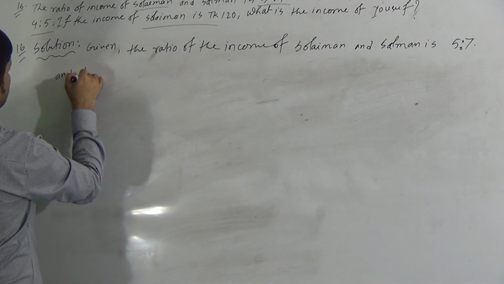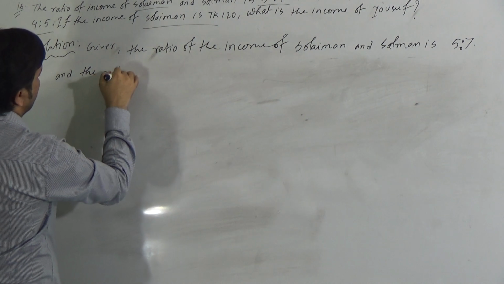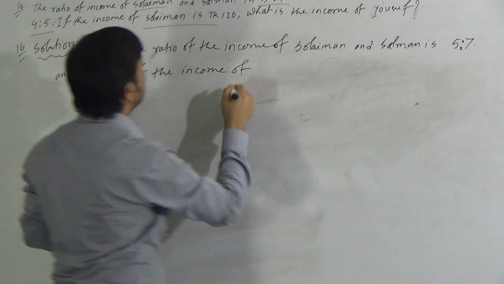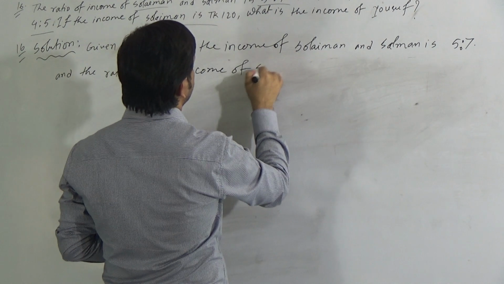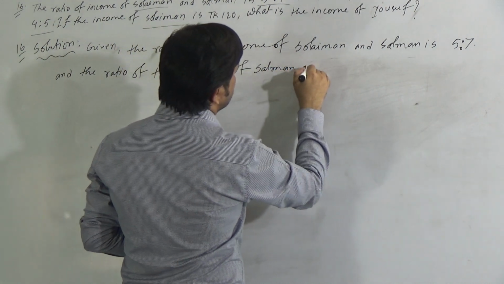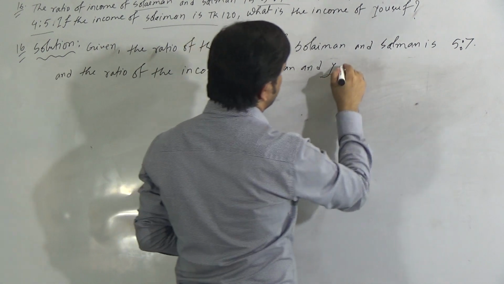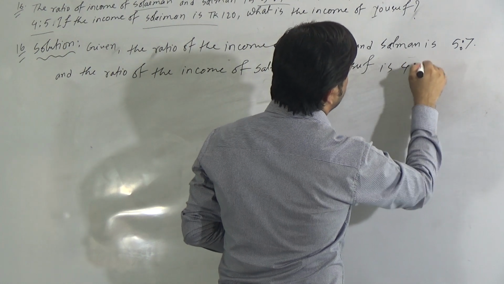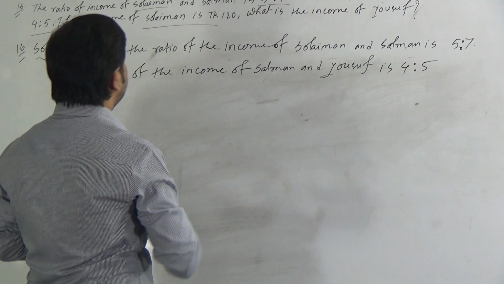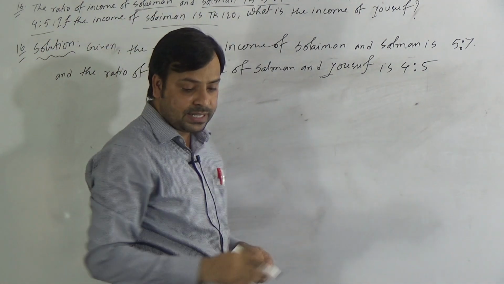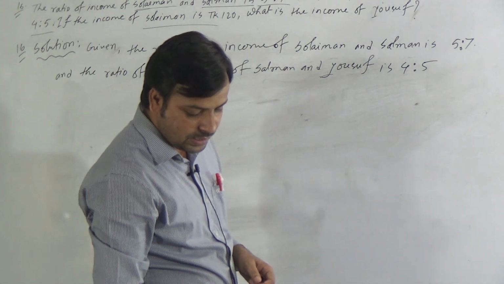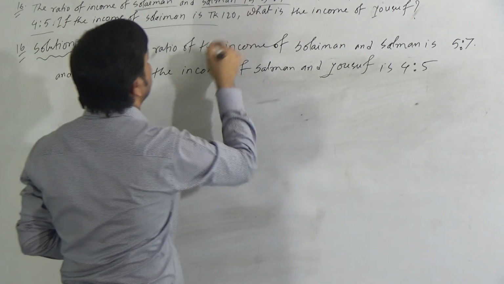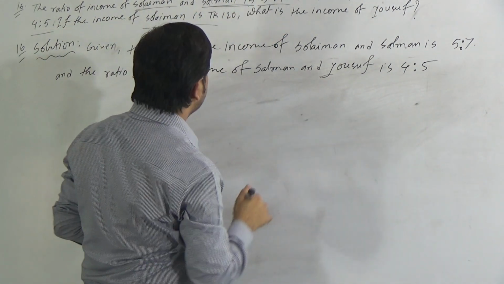And the ratio of the income of Salman and Yusuf is 4:5. This is given. Here the first ratio is Sulaiman and Salman. Income of Sulaiman is given. As Sulaiman is given, so we can determine the income of Salman.